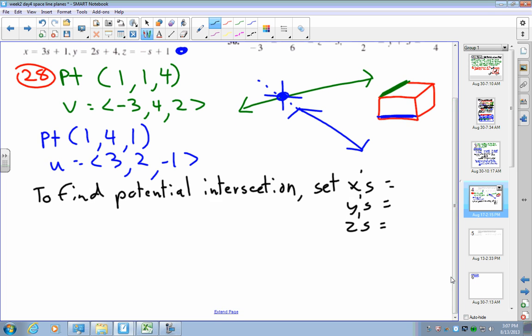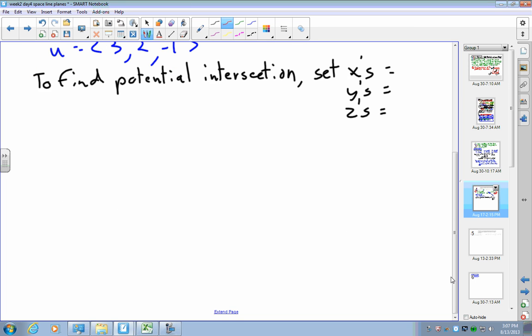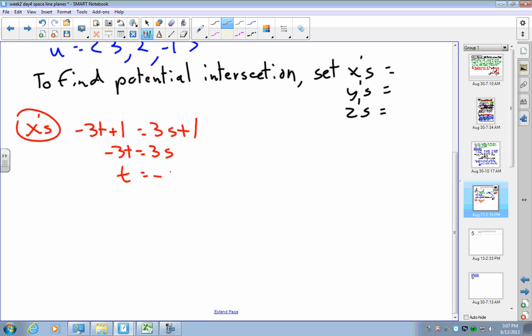So, when I look into this, look at the x's, and my x's were negative 3t plus 1 equals 3s plus 1. So if I want to solve this as much as I can get negative 3t equals 3s, so t equals negative s, or s equals negative t. Okay, there's my x's. Let's look at the y's now.